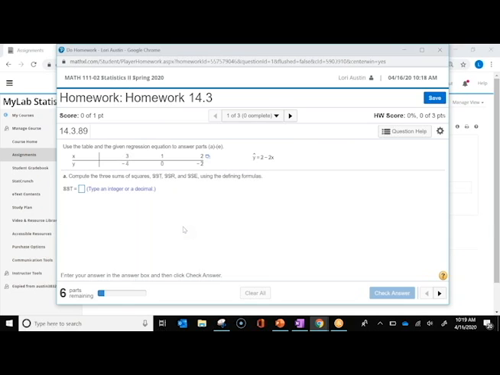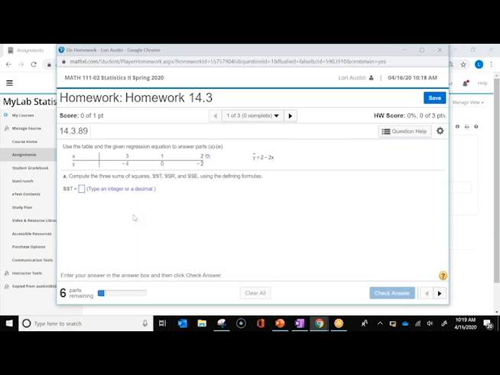Do you understand what I mean? Yeah, and then with that data, you can go ahead and find everything else. The other thing you can also attempt to do when you look at your formula sheet directly for SST is you can use that defining formula if you need to.